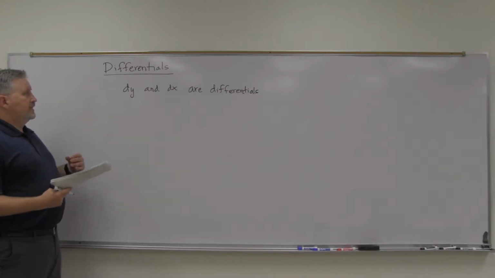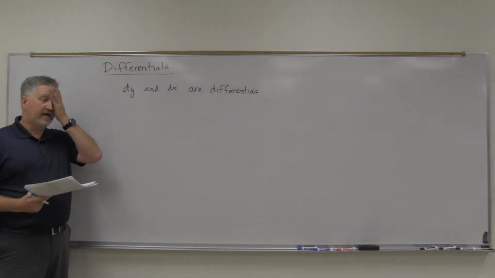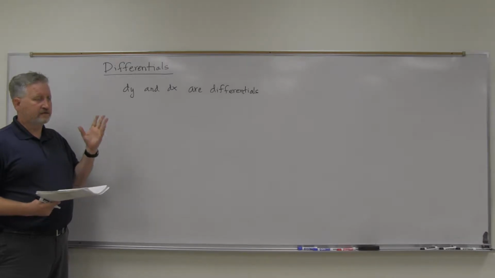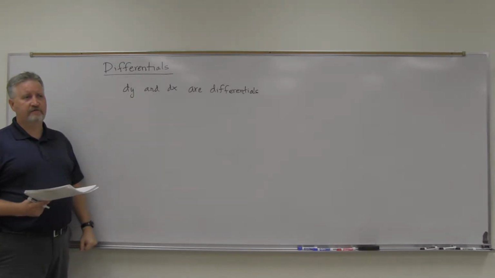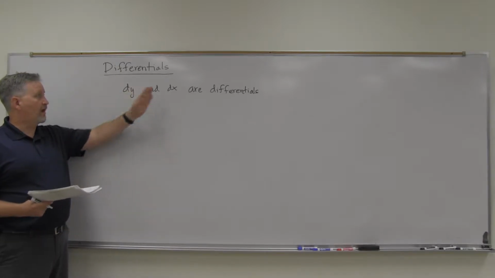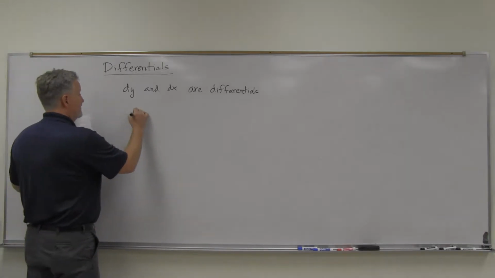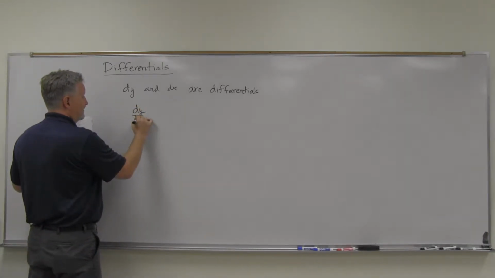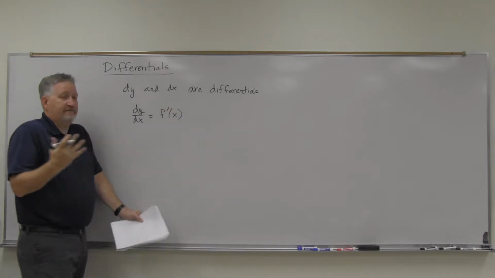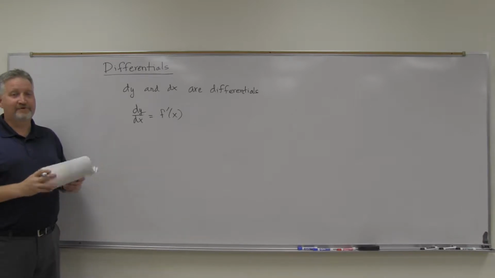Well, dy is usually thought of as a function of dx. What I mean is, usually we write dy in terms of dx, and really, dy over dx is equal to, if we're talking about function f, f prime of x, and those two correspond.